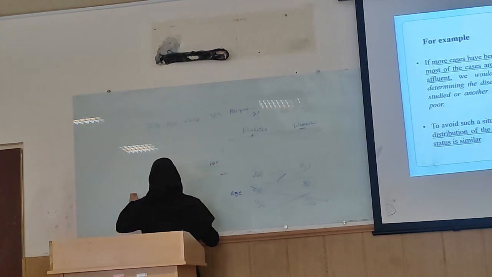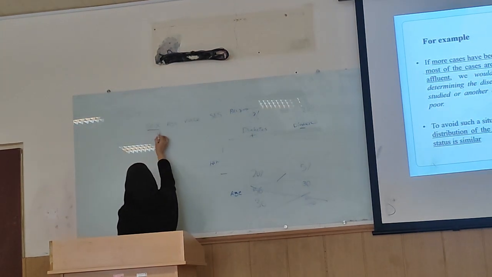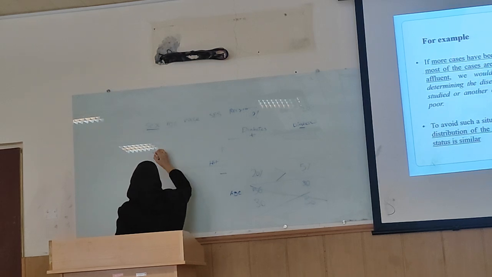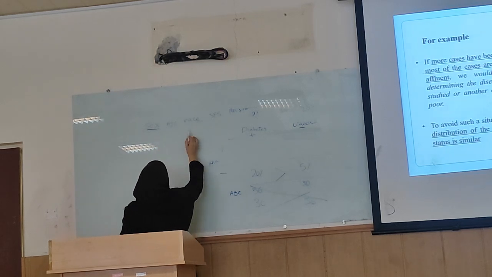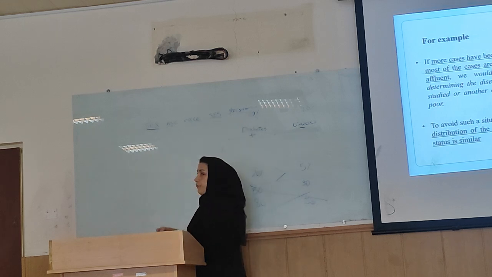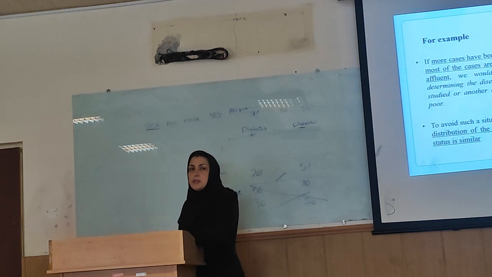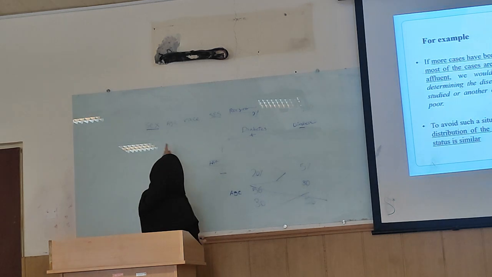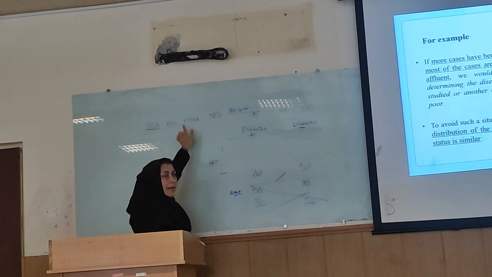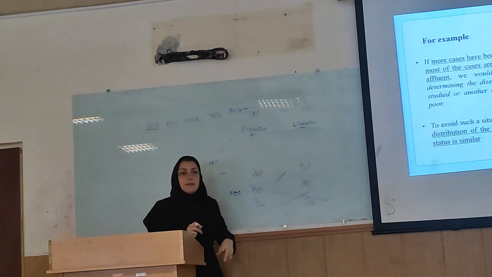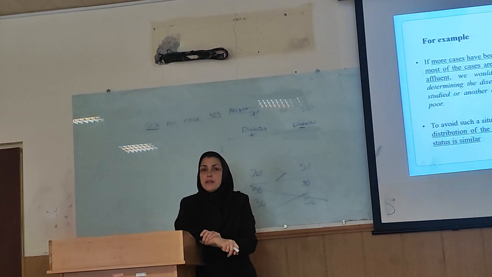If we have a man, elderly, black, affluent, living in a city, we should have a control who is a man, elderly, black, affluent, and living in a city.